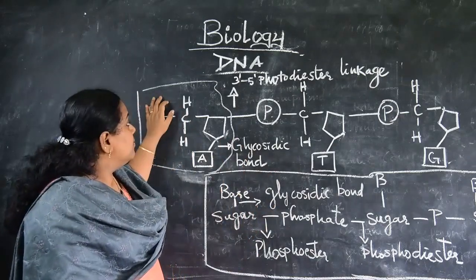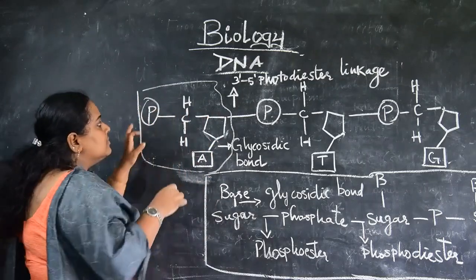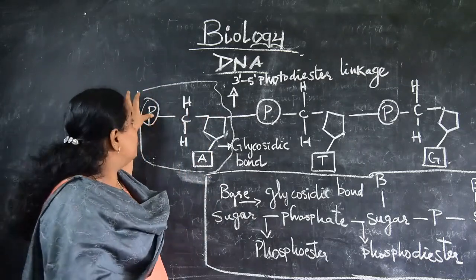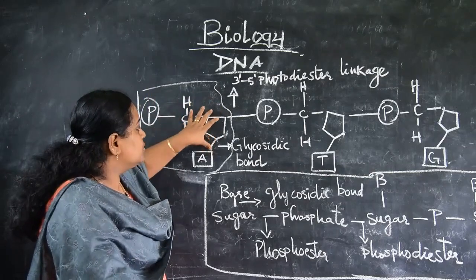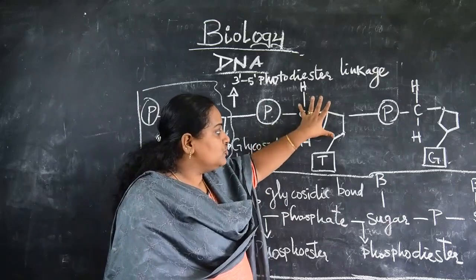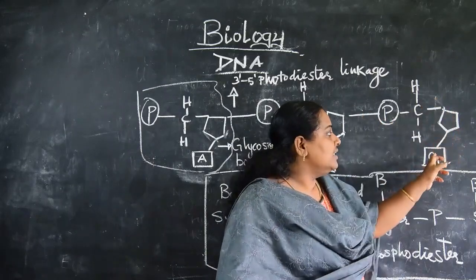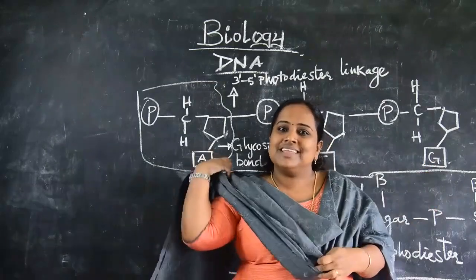Again, a phosphate group, a pentose sugar and a nitrogen base, and another phosphate group, pentose sugar and nitrogen base. Are you able to see that?